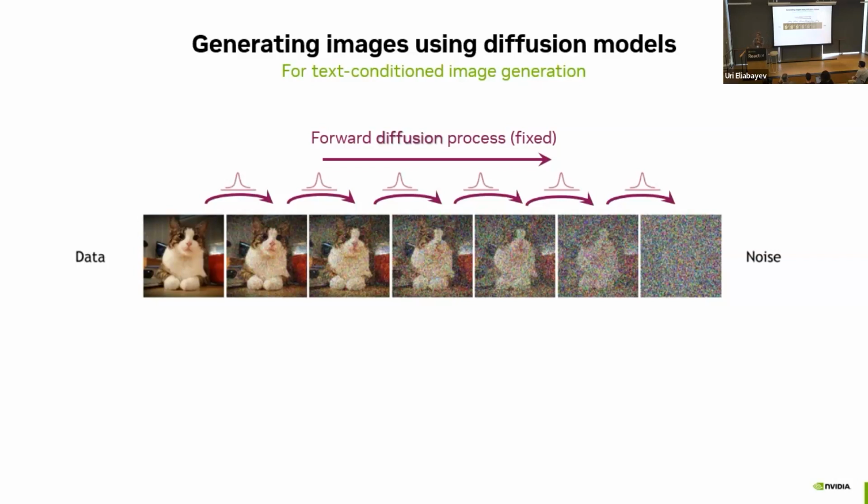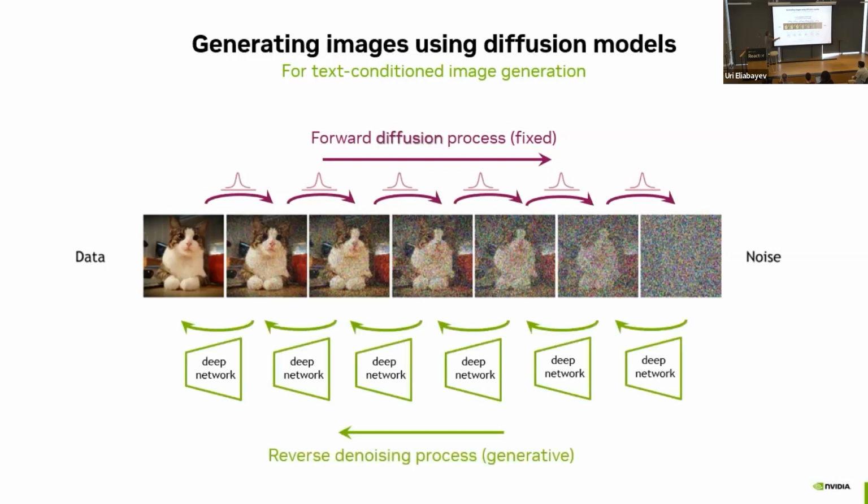Now you train a denoiser. You train a deep neural network: you sample one image across this continuum, and you train the network to take a noisy version and denoise it a bit. And then again, you take another one and train to denoise it, on a very large data set.